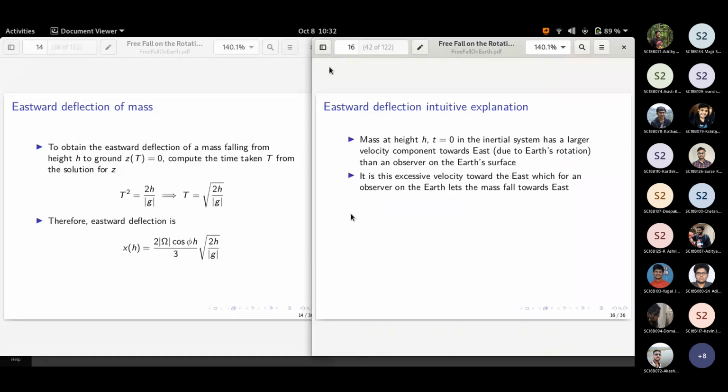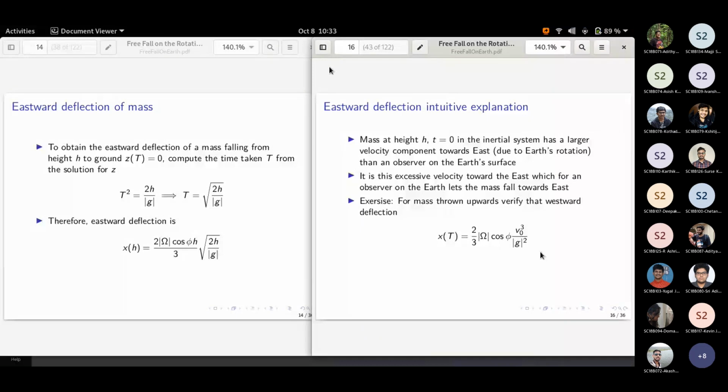So for a mass thrown upwards, this is your deflection in the westward direction. Therefore, by the same logic, when a rocket is launched vertically up, you will notice that it appears to drift in the westward direction. Unless you compensate for it, you will not be able to maintain the launch vehicle at the same meridian.